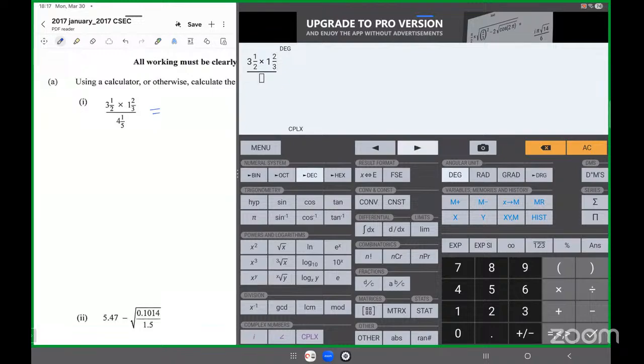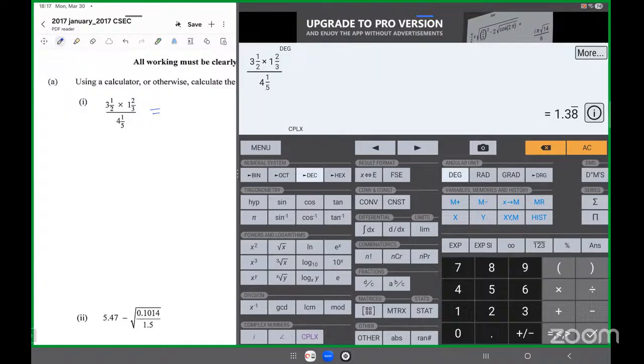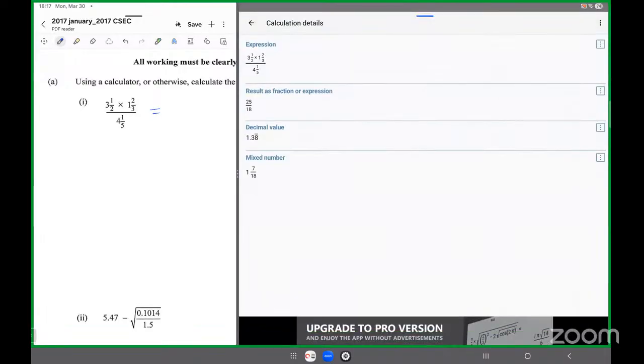And then dividing that now by yet another mixed number, 4 and 1/5. And the answer is this. Once you see the exact number, this is the answer right here: 1 and 7/18. That's the answer.